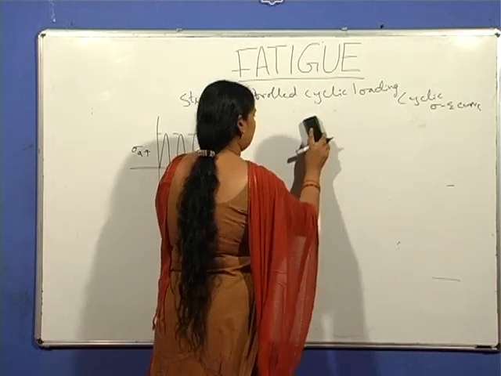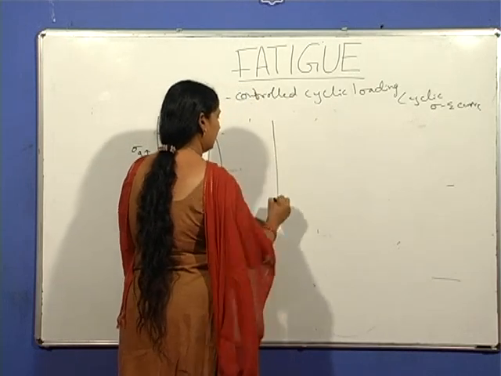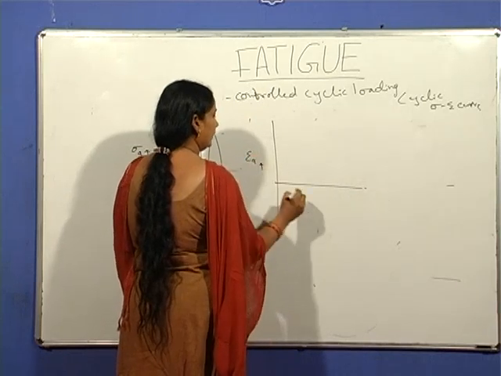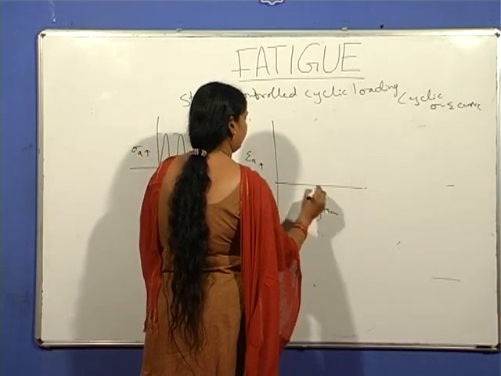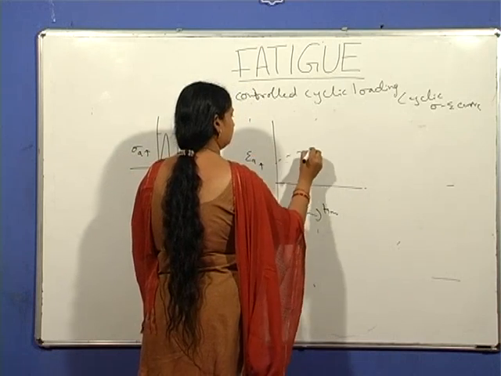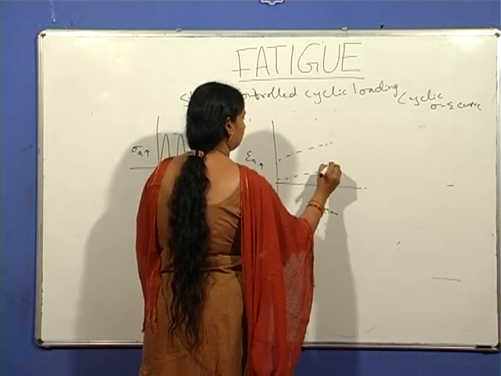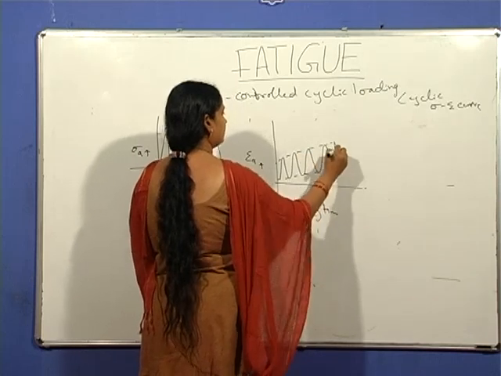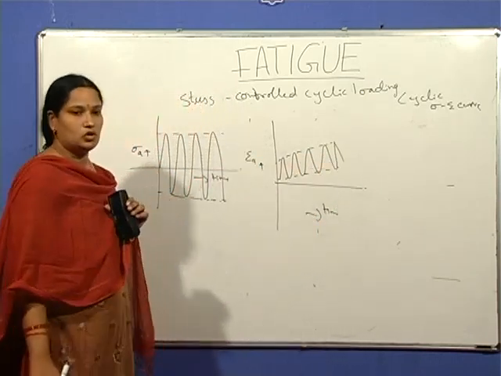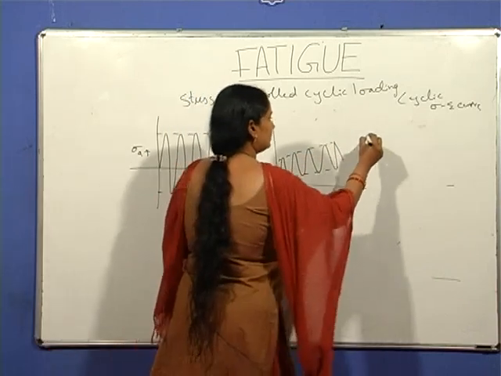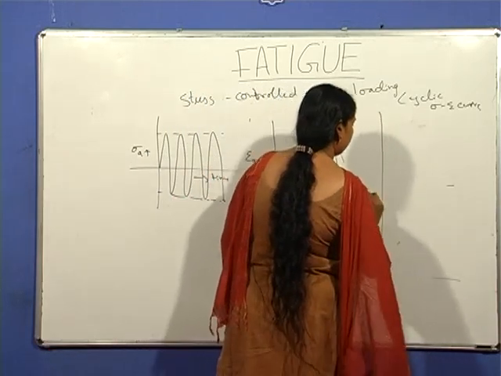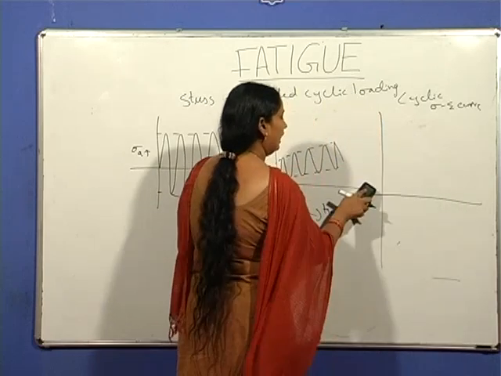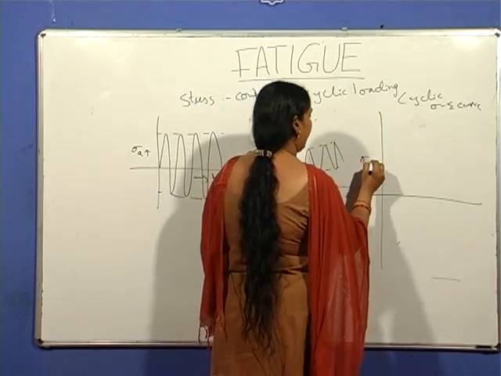And this is the material response, that is the strain amplitude varies, where stress is maintained constant, and the cyclic stress strain curve shifts along the strain axis.